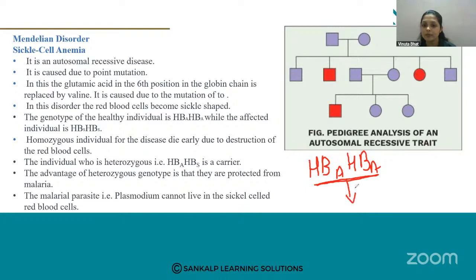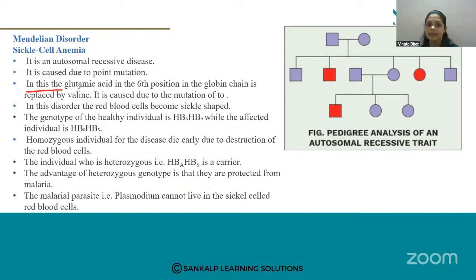But if any one gene is defected, HBA is correct but the other gene is defected, then the disease will not be caused. If one gene is damaged, nothing happens and the disease is not caused. So that is the autosomal recessive disorder.